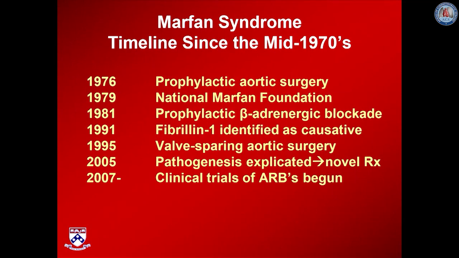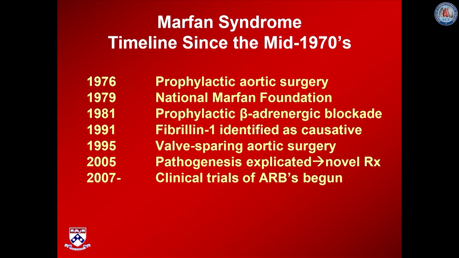Most gratifying has been a variety of methods for treating complications of Marfan syndrome, particularly in a prophylactic way, beginning with composite graft surgery in 1969 and the use of prophylactic beta-adrenergic blockade.